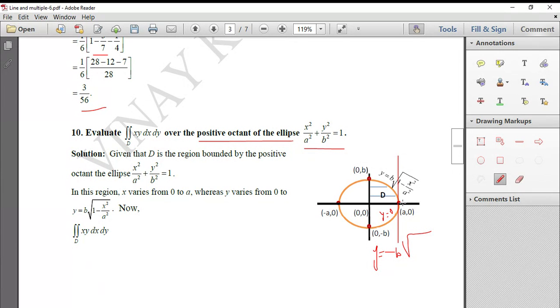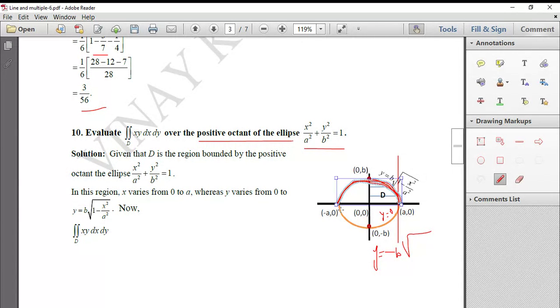That will be this region. But we want to consider only the positive region of y. So y should be equal to b into square root of 1 minus x square by a square. That means this curve till here gives you y equal to b into square root of 1 minus x square by a square. All the points on this curve satisfy the condition y equal to b into square root of this.